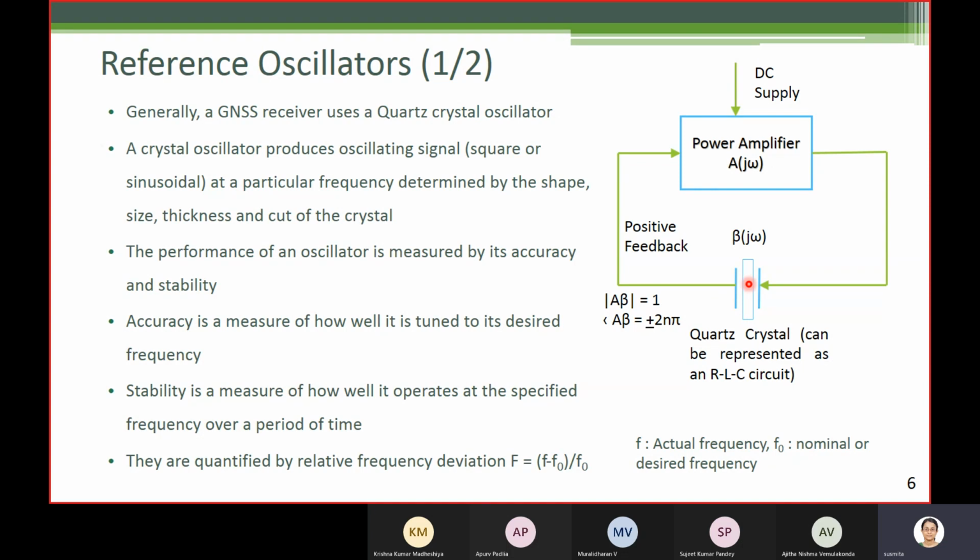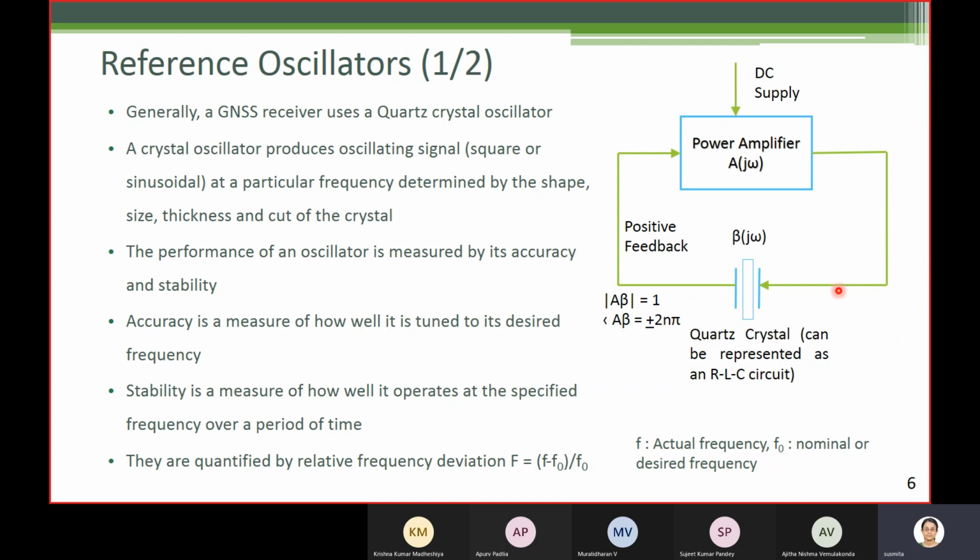Okay, but how do we derive time? Now we know depending on the shape, size, thickness and cut of the crystal, what is the resonant frequency. So we expect oscillations to be at that frequency and it will be spread over a narrow band. That band is much smaller than the resonant frequency. So we can count the number of oscillations. For example, if the resonant frequency is say 1 megahertz, then we know that there will be 10 to the power 6 oscillations, 6 cycles in a second, right?